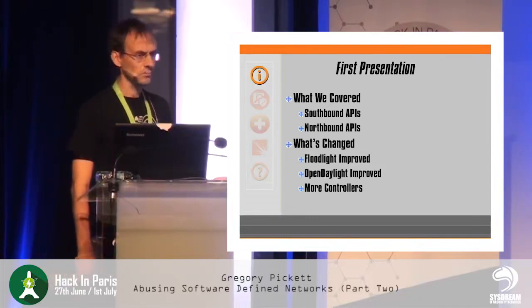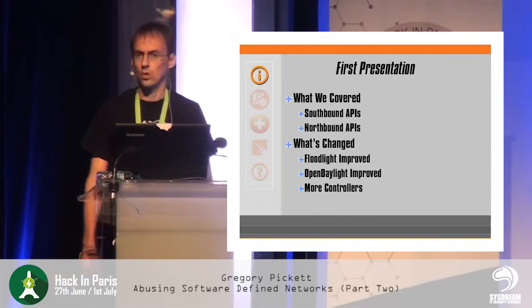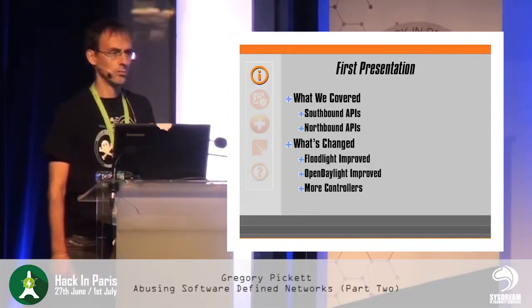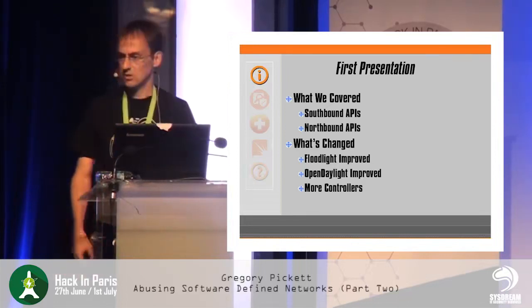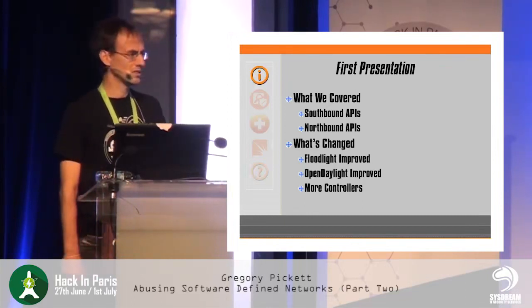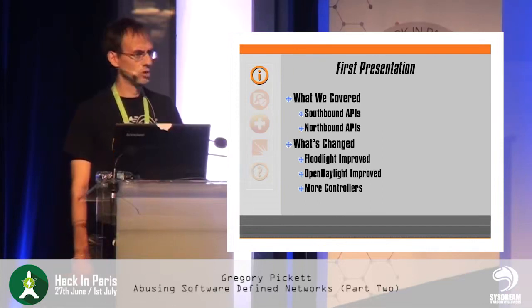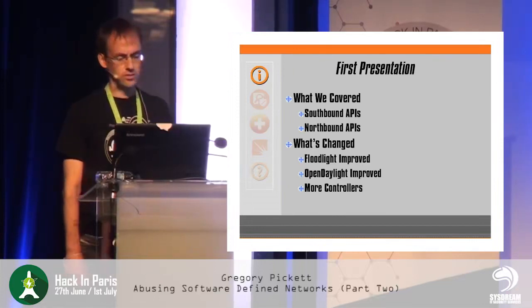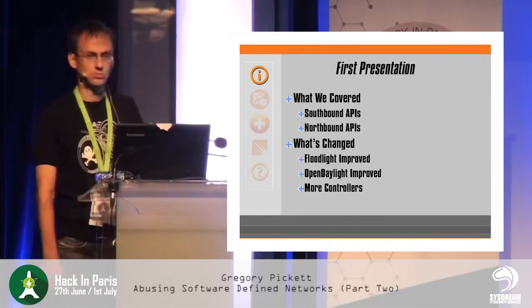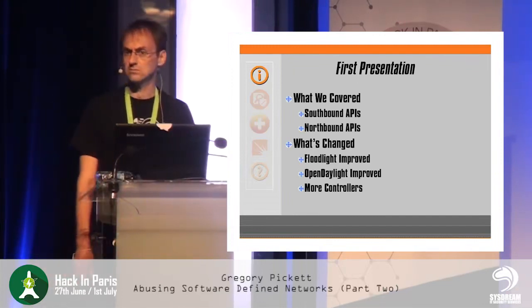The authentication. And the two controllers we focused on were the two prominent controllers at the time, both of them open source, easy access, so they're more popular than most products that are harder to get a hold of. That's Floodlight and Open Daylight. There were lots of problems with both encryption and authentication for both Floodlight and Open Daylight. In the case of Floodlight, there was no encryption or authentication.